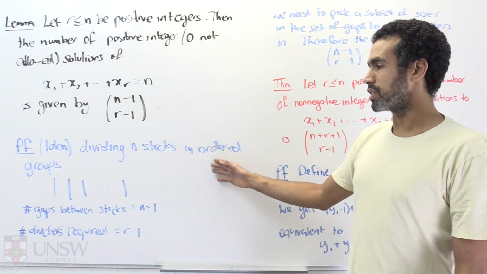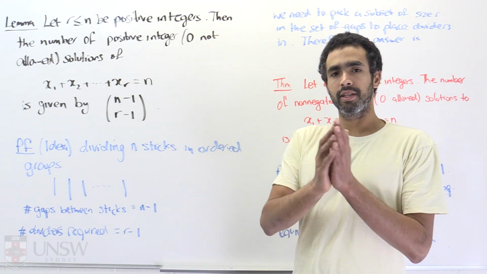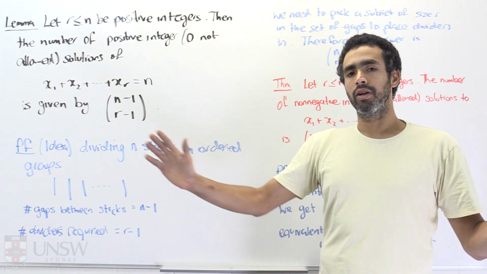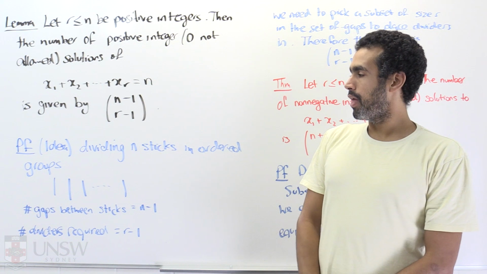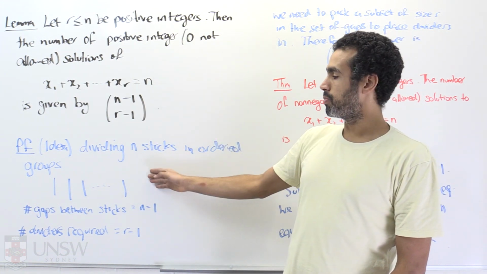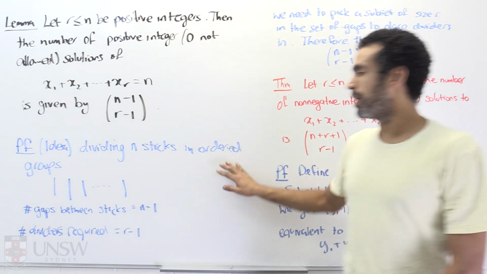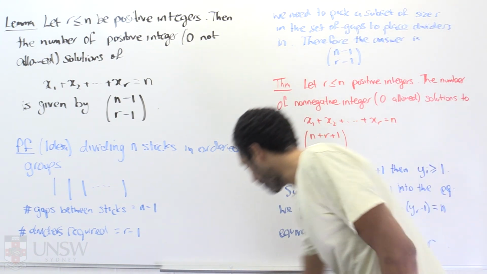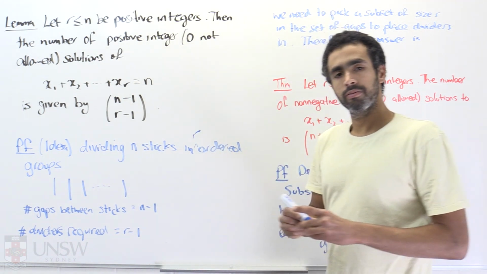The idea of the proof goes as follows. If we were to place n sticks on a table like this, then a solution to this equation would mean that we would divide the n sticks into r ordered groups.